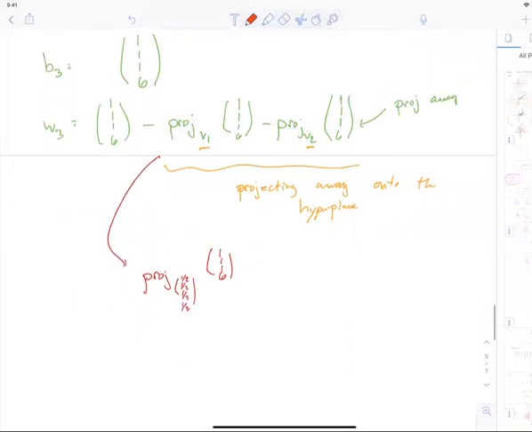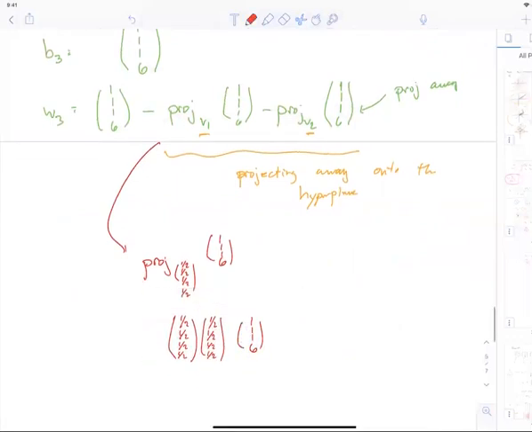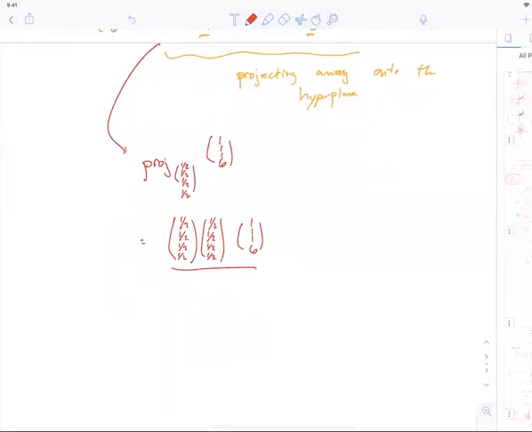So we can write that like this. And again, we're going to associate them like this. The norm of this bottom guy should be 1. You can check that too.